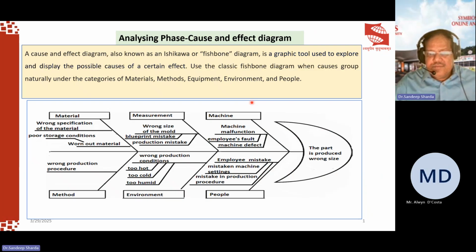So this is the cause and effect diagram, in which the part is going to be produced with the wrong size, and we will analyze whether the fault is with the machine, measurement, materials, methods, environment, or people.